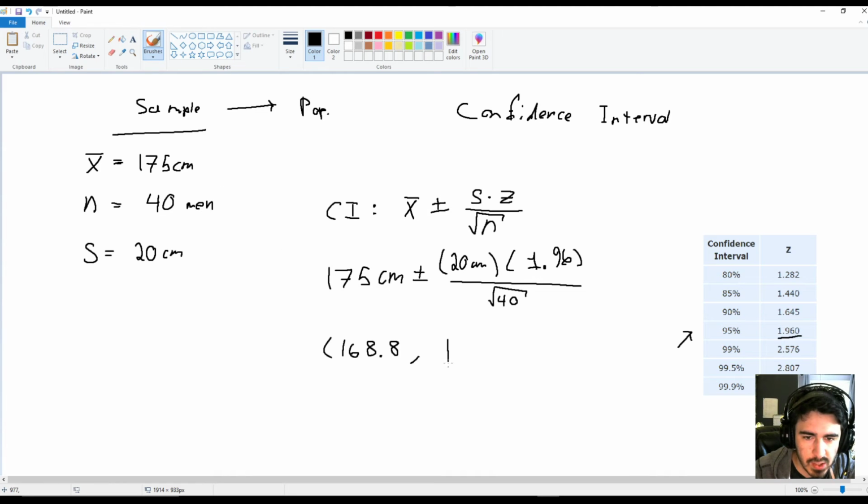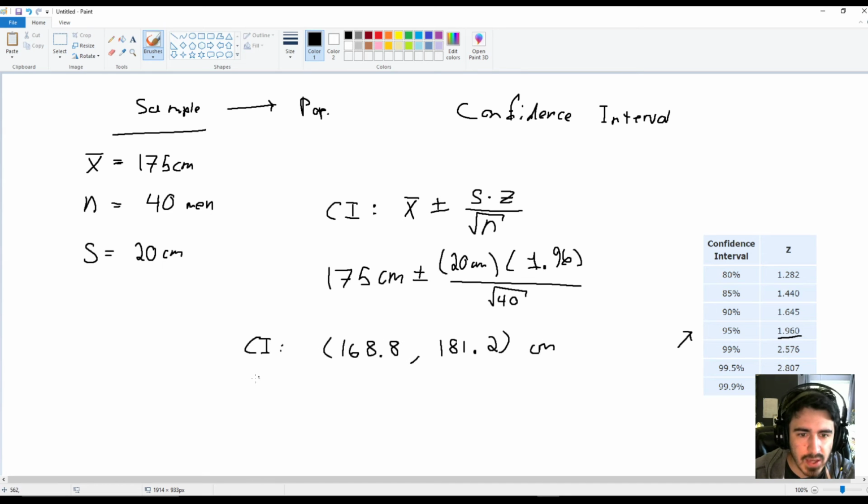And this will actually be 181.2. We're going to be rounding to the first decimal point. And here, our confidence interval is from 168.8 centimeters to 181.2 centimeters.